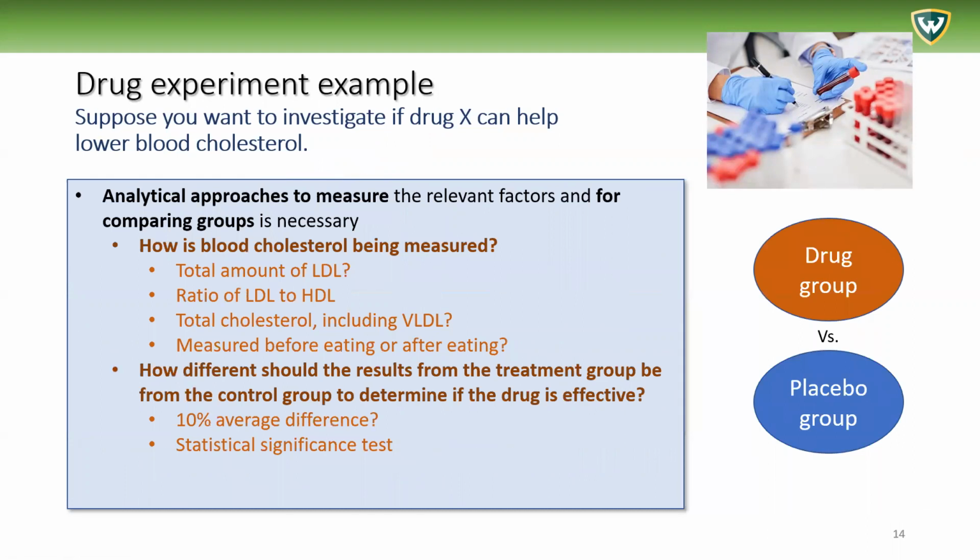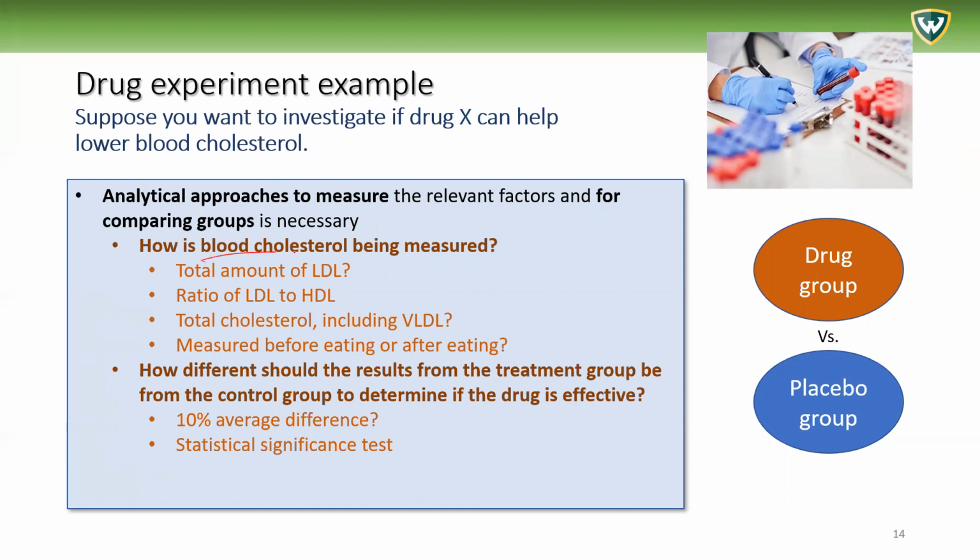So also it's going to be necessary to have analytical approaches to measure the relevant factors and for comparing groups. So for example, how is blood cholesterol being measured? Is it total amount of LDL, or is it a ratio of LDL to HDL? Are you talking about total cholesterol? Does it include VLDL? Are you measuring before eating or after eating?